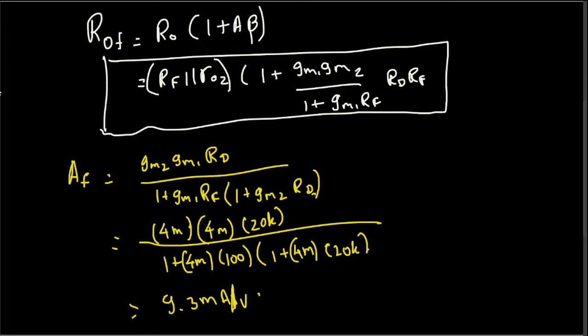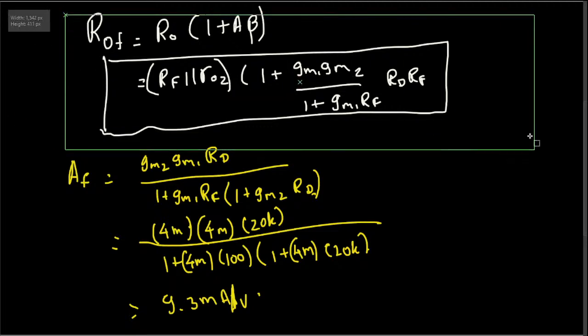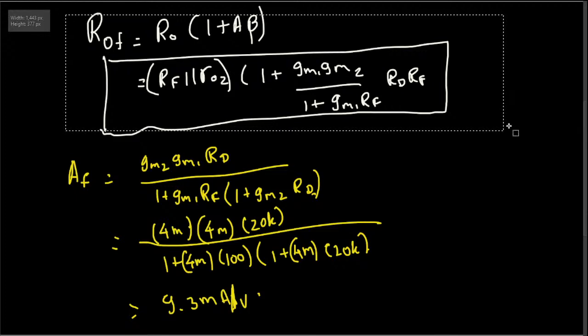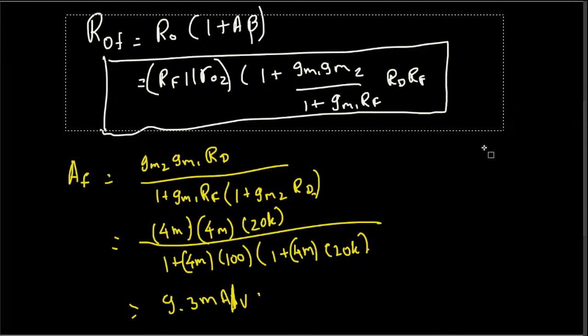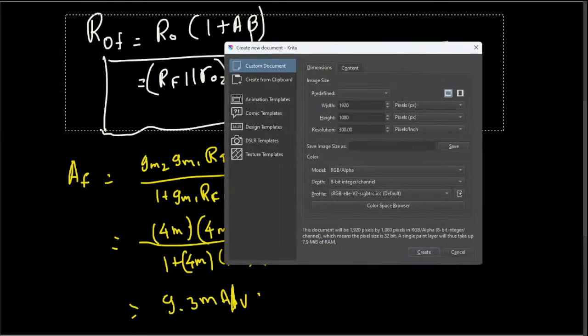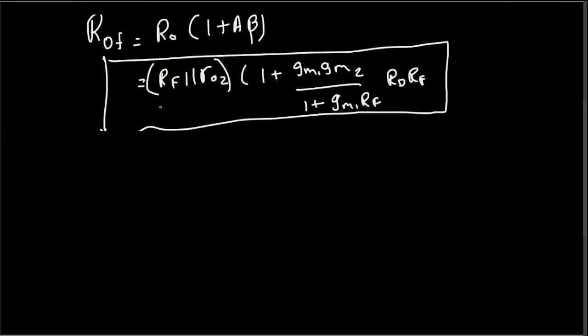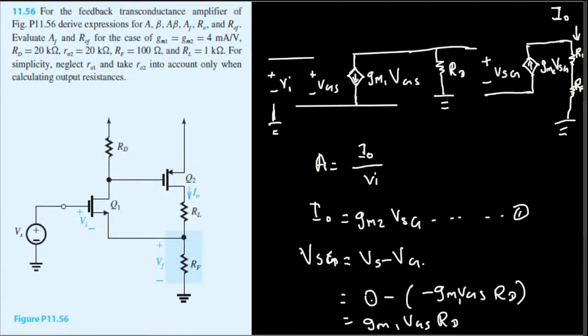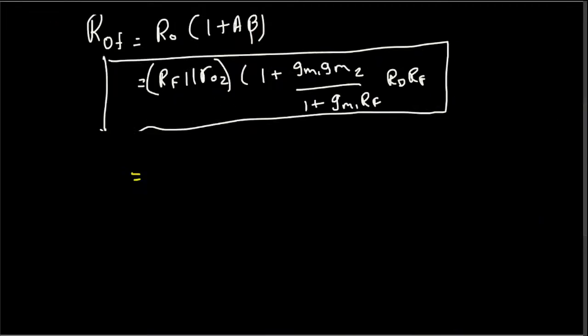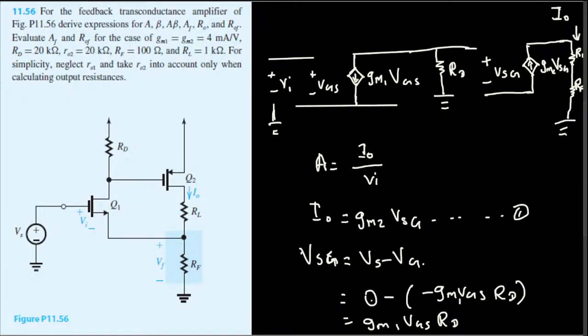For ROF, we have to use this expression, which is RF parallel RO2 times 1 plus gm1 gm2 RD over 1 plus gm1 RF RD times RF. Let me copy this and paste it in the next page. Okay, so this is the equation we are going to use, and in this one RF is 100 ohm, and RO2 is also provided to us, which is 20k.